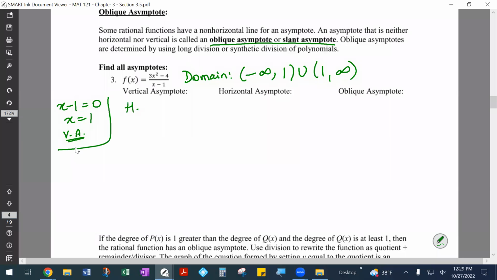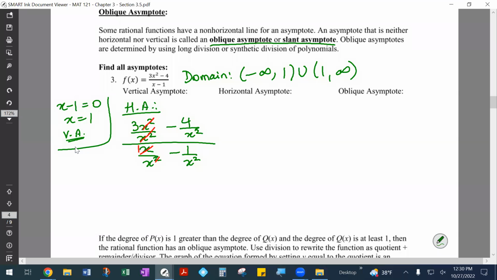For the horizontal, we'll use the same technique that we know: take your highest degree and divide it into each term. So that comes out to be 3x squared divided by x squared, minus 4 divided by x squared, and x divided by x squared, minus 1 divided by x squared. On that first one, the x squared and x squared cancel each other out. One of the x's will cancel out with 1 on the bottom.